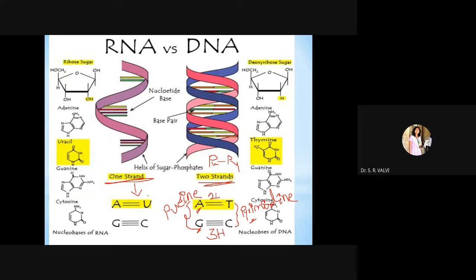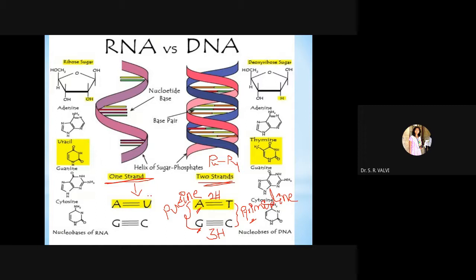So two hydrogen bonds between adenine and thymine, and three hydrogen bonds between guanine and cytosine. This is very basic knowledge you learned earlier in 12th, and you are repeating it here in FYBSc.